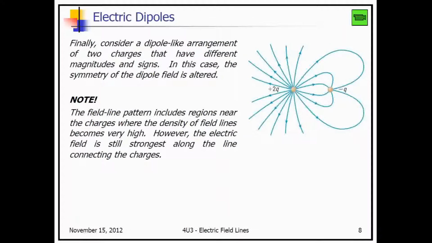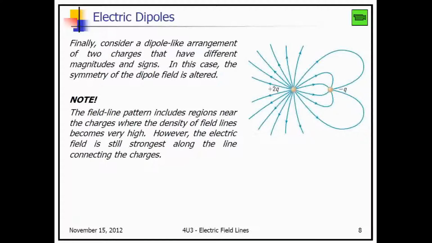Now that's not the only type of dipole we can have. If we increase the magnitude of one of the charges, we start to have different arrangements. You won't really need to know many of these past 2Q and Q. This one here is a plus 2Q and a minus Q. For plus 2Q, that's a stronger electric field.